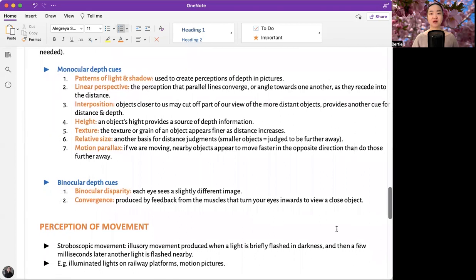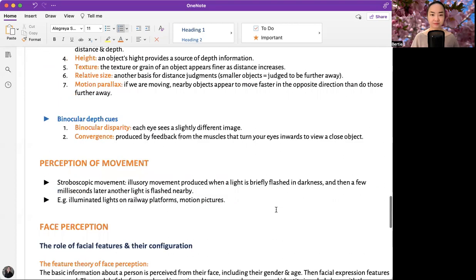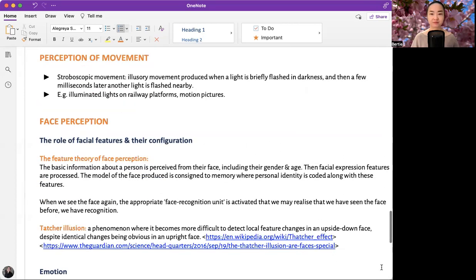Binocular depth cues. Binocular disparity. Each eye sees a slightly different image. Convergence. Produced by feedback from the muscles that turn your eyes inwards to view a close object. Perception of movement.